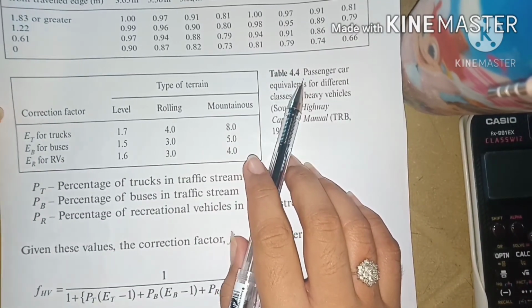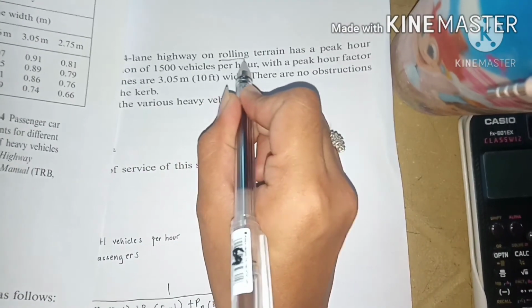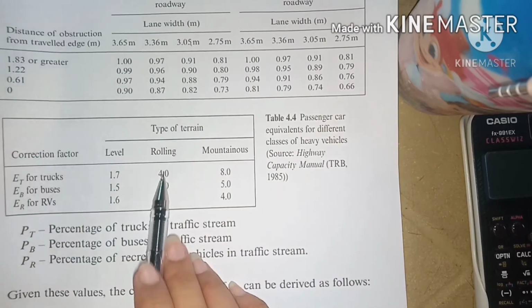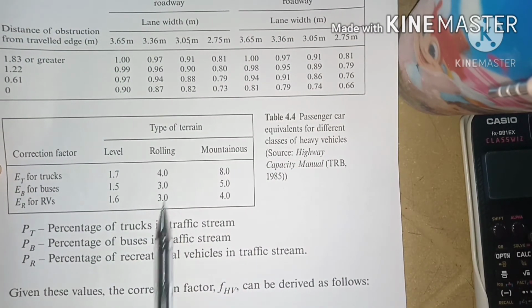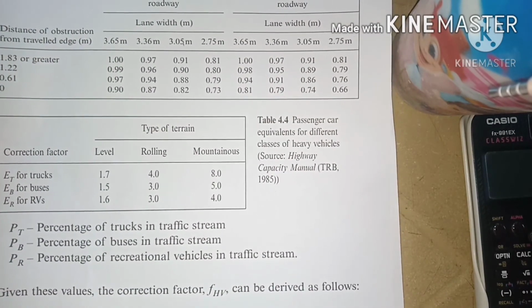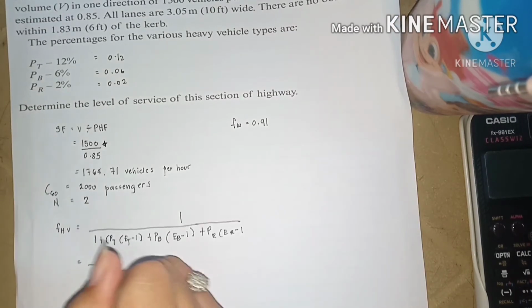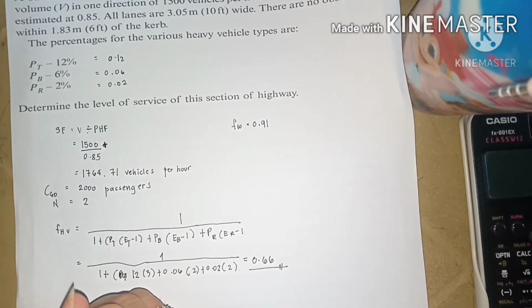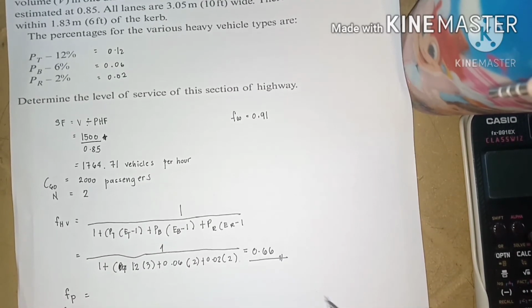Since sabi sa given ay rolling daw, yun, type of terrain natin is rolling terrain. And, eto na, magkakaroon na tayo ng value for the correction factor. Okay.